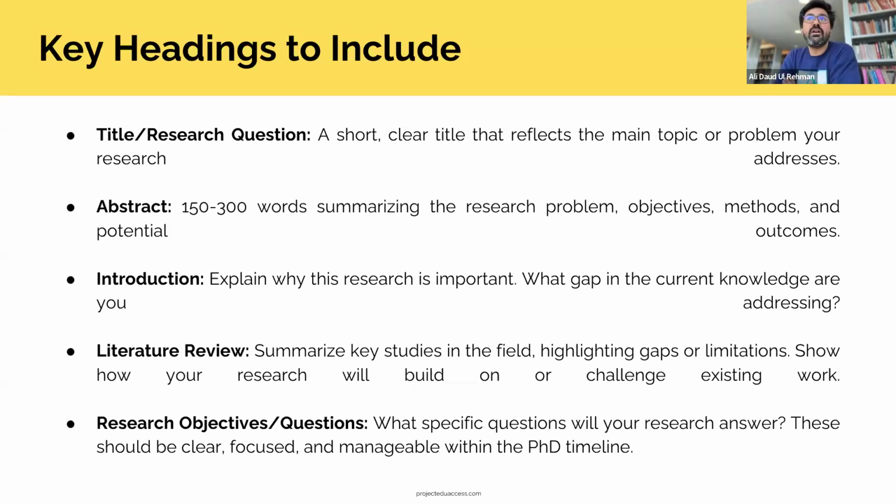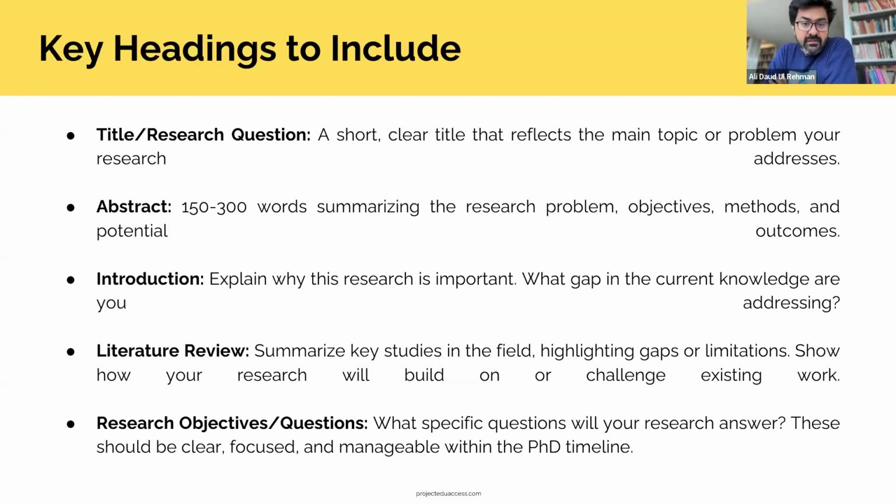Abstracts can be used when you are reaching out to potential supervisors, because they are mostly very busy and get tens of emails every day from potential students, and they don't have time to go through each and every research proposal when considering accepting new students. So an abstract is a good way to let them know what you want to work on. If it's around 300 words maximum, they'll be more willing to read it and get back to you rather than reading 1500 or 2000 words.